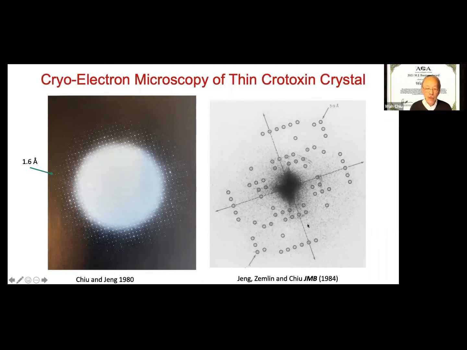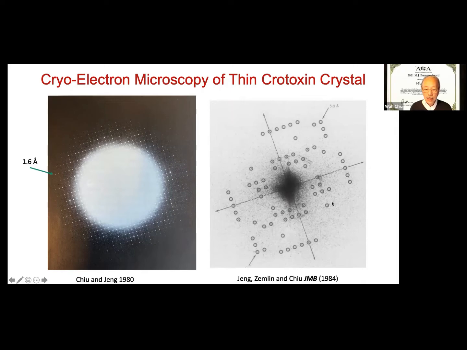At that time, I used a really state-of-the-art and sophisticated instrument, which was called a superconducting lens electron microscope. It was a very difficult instrument to operate. Everything was manual. So we managed to collect images and put them in an optical diffractometer, and saw the spot at 3.9 angstrom. I think this data signifies the possibility of recording images of biological specimens at near atomic resolutions.